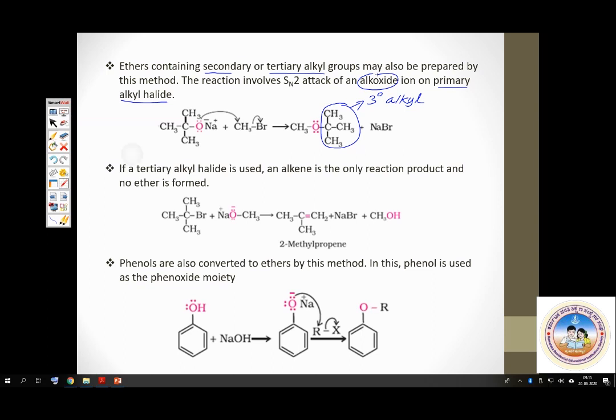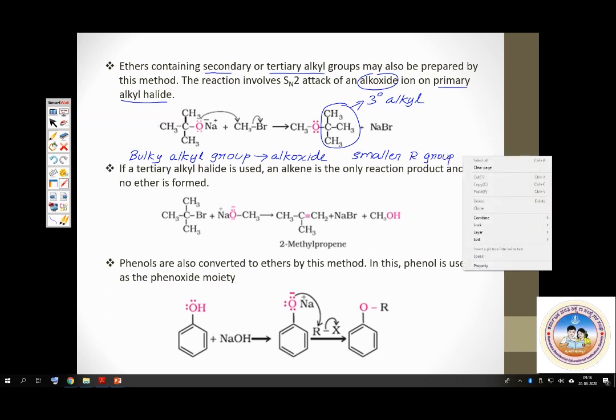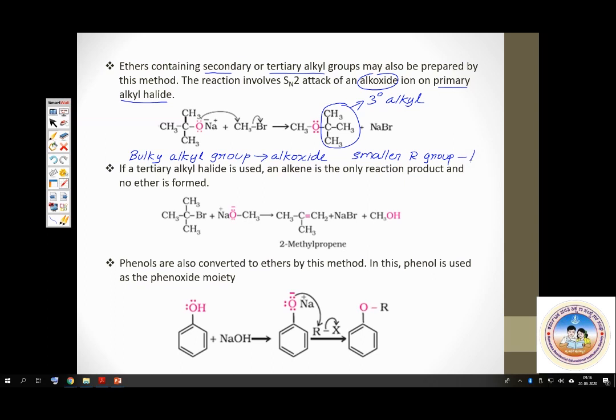The smaller alkyl group should be from the alkyl halide. Simple. Remember this rule, it's a very, very important point. Whenever you are preparing ethers with secondary and tertiary alkyl groups, whichever alkyl group is larger or bigger, you should take it in the form of alkoxide.